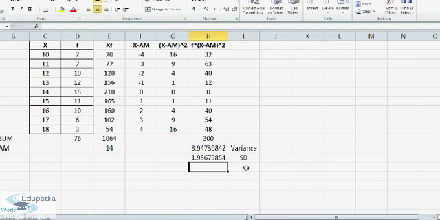To find the coefficient of variation, it will be this value multiplied by 100 and divided by the actual arithmetic mean, which is 14. So that is 14.191. Okay.